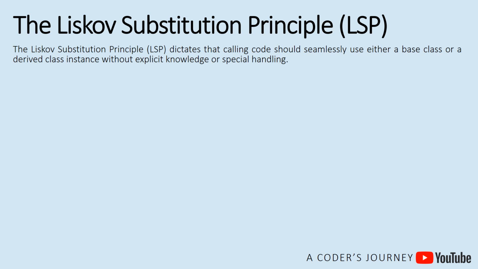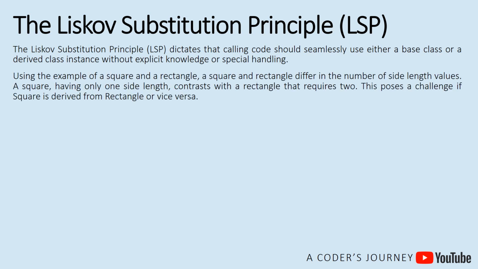It means that your code should be able to work with an instance of a base class or a derived class without being aware of it, without being forced to check whether this object comes from the base class or the derived class.